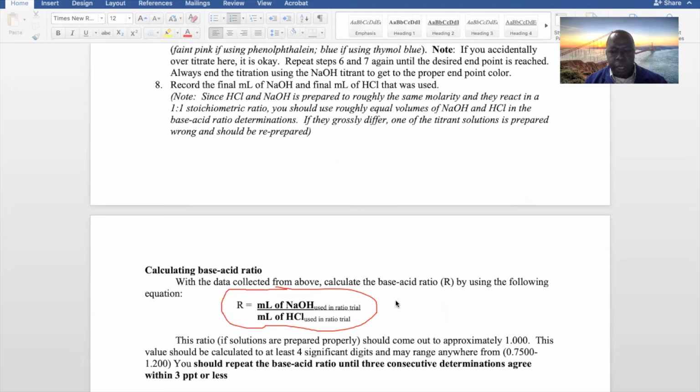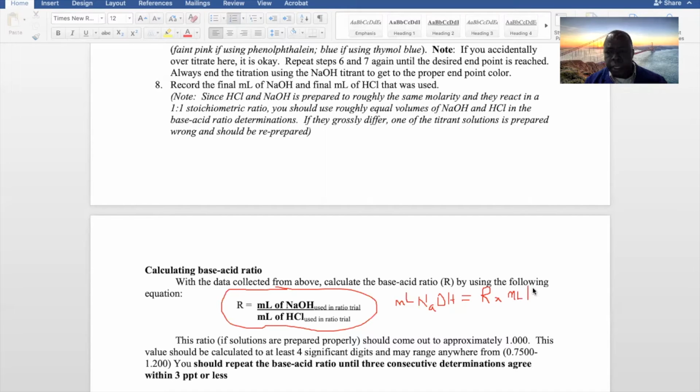We can rearrange this to give the mL of NaOH. If we multiply the R value, which is the average of the three, by the mL of HCl, we get the mL of NaOH.